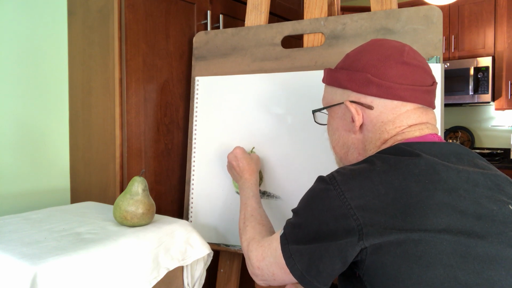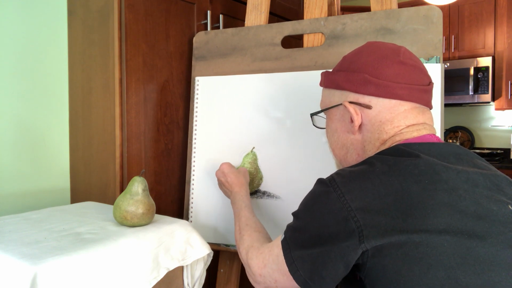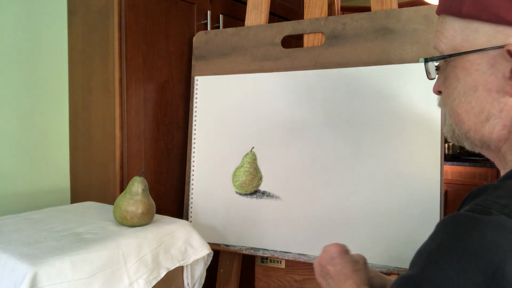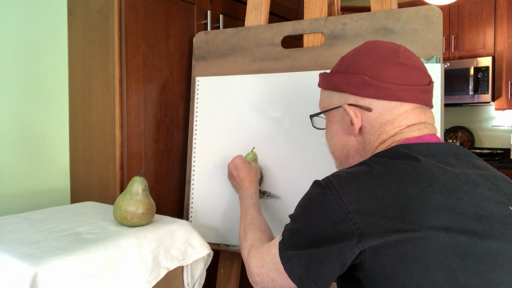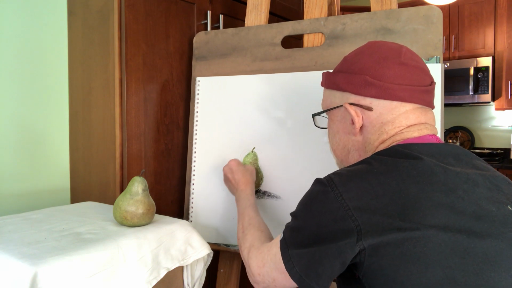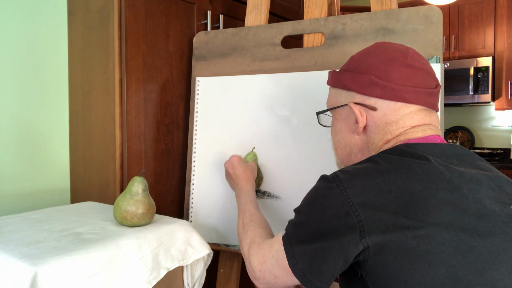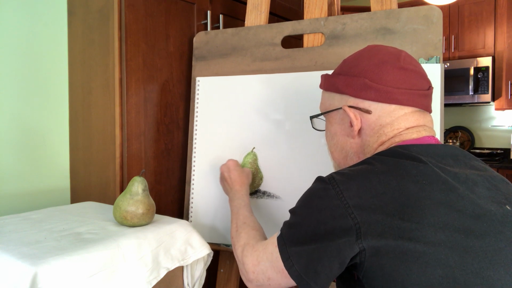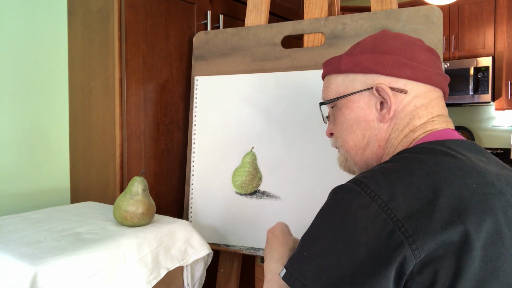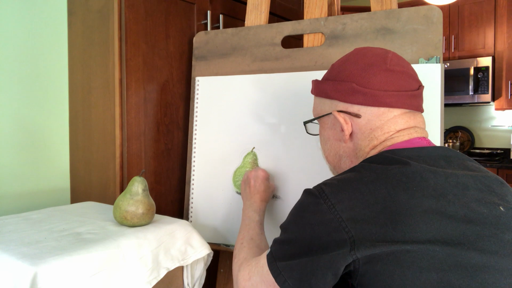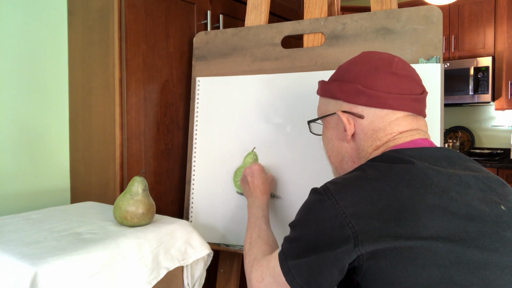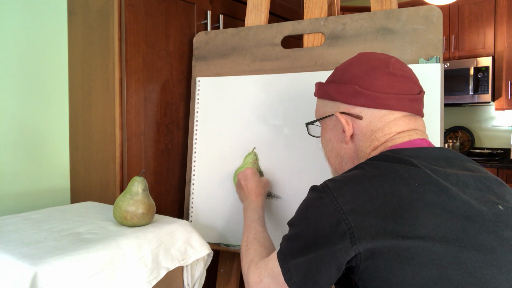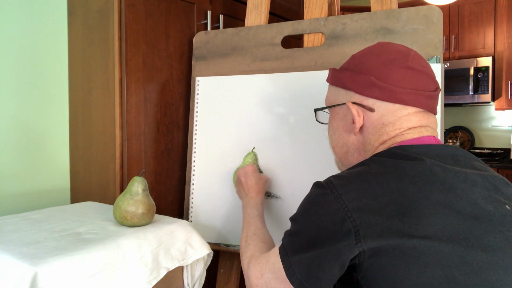And the shape of your shadow and the shape of your light are going to be dependent on the shape of the object. So as I'm looking at my pear, I'm looking at the shape of the shadow versus the shape of the light, right? I could probably ramp this up, create a little more contrast here. There we go.